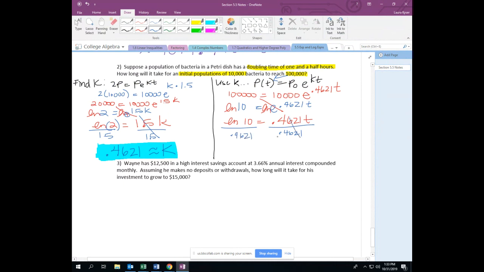And let the calculator do it for me. As long as I close the parentheses around the 10, we're going to be in good shape. I only went to 2 decimal places here. Approximately 4.98 equals T. So about 5 hours. Just under 5 hours.